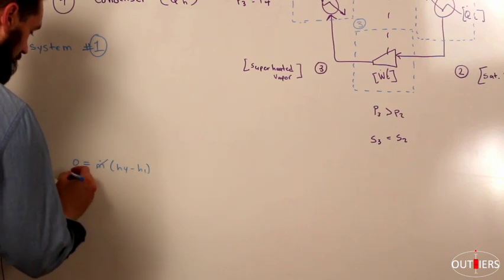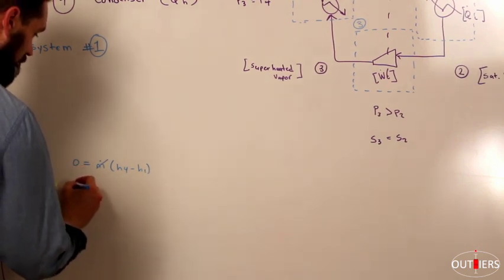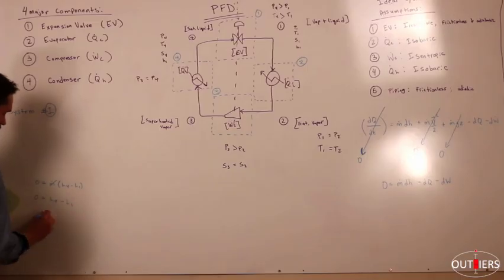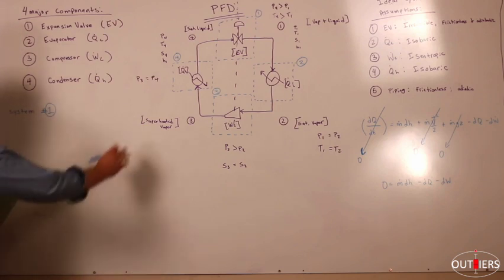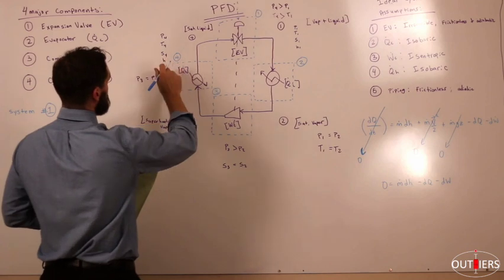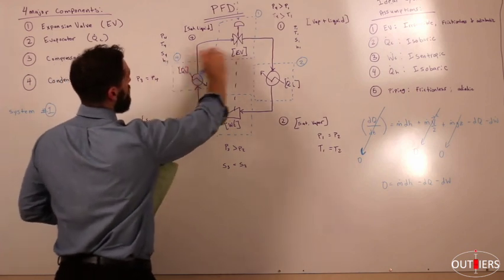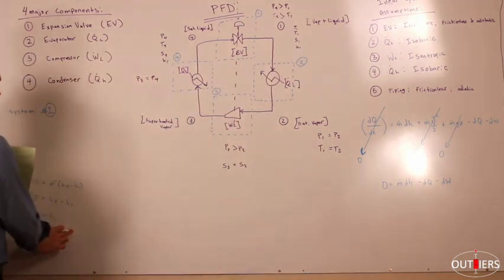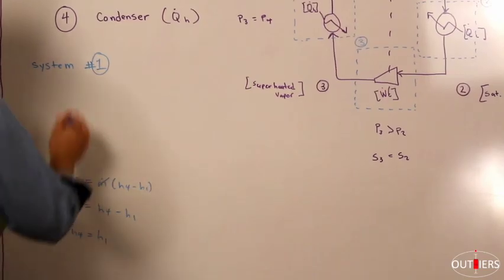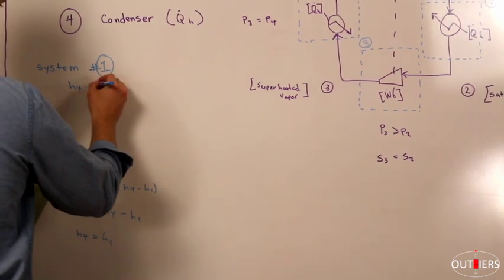If we divide by mass on both sides, what we're left with is 0 equals H4 minus H1, which means that H4 equals H1. We deduced that from the energy balance. So here, our most simplified term is H4 equals H1.